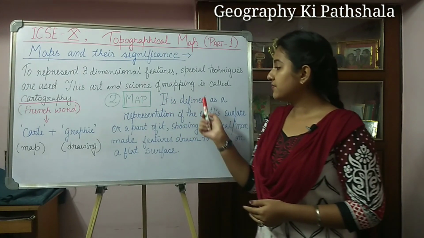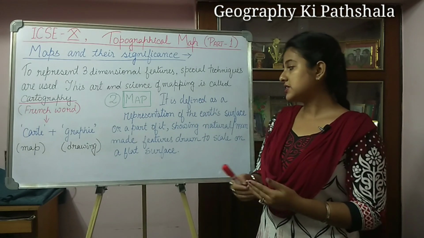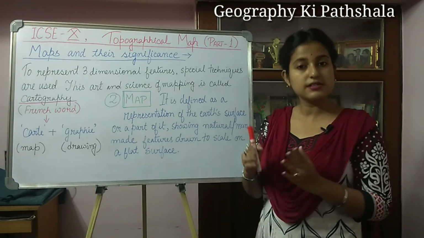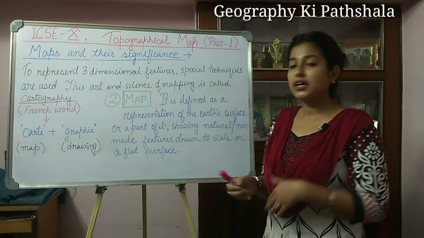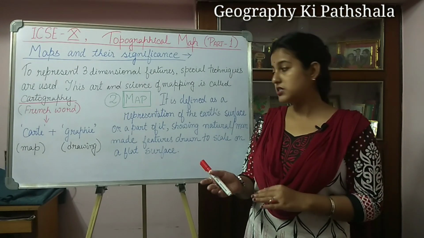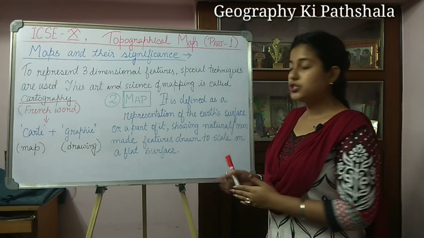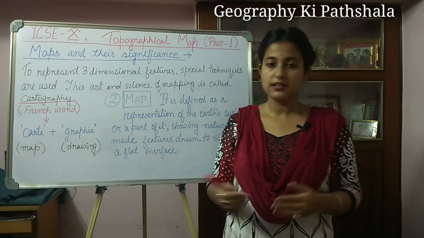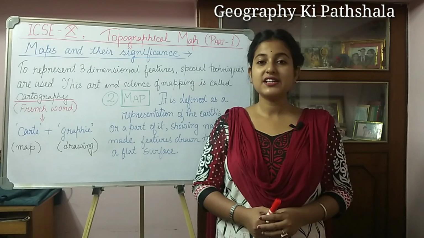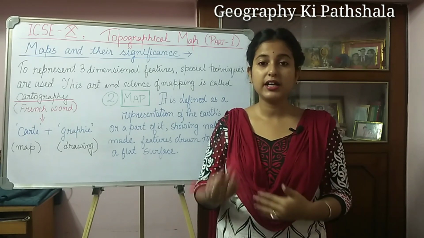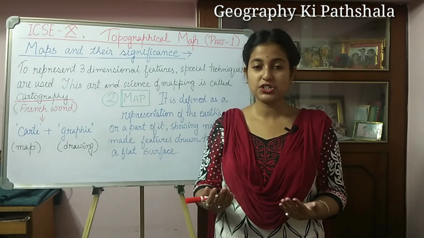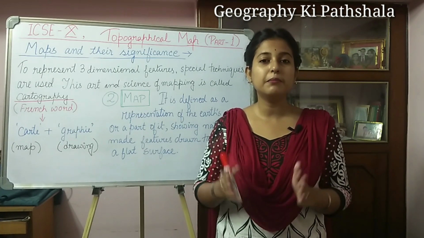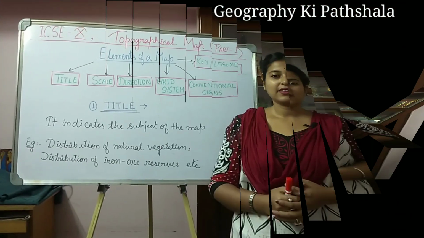It is defined as a representation of the earth's surface or a part of it, showing the natural or man-made features drawn to scale on a flat surface. And we can say that a map helps us to obtain maximum information represented in a minimum space.